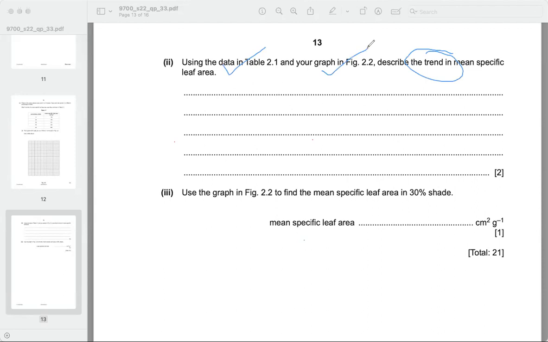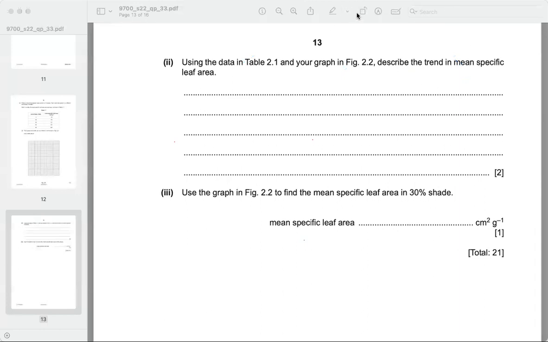You are supposed to have 2 points from the graph as well as from the data which is given to you. So let's go back to our table and see what we can write as points from the table first, because we need to write at least 1 point from the table.